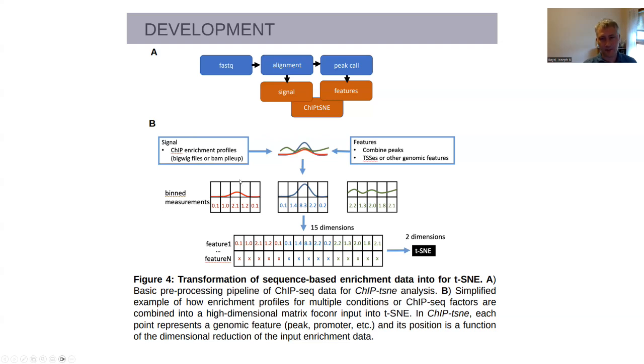So in this pretend example, there are 5 bins for 3 different samples. 5 times 3, that yields 15 different dimensions. And tSNE is going to allow us to represent the patterns in this data in 2 dimensions. And again, the package does support UMAP if you're interested in using that. It's the same idea.